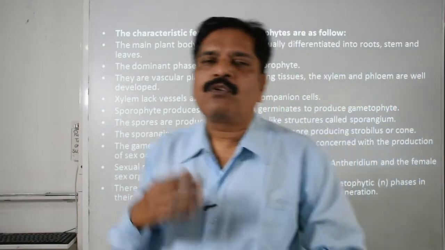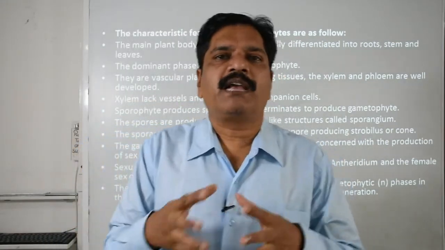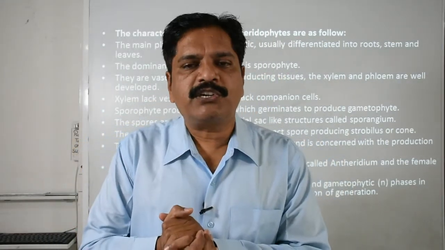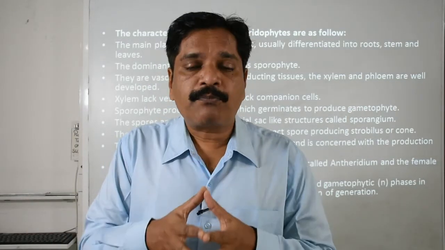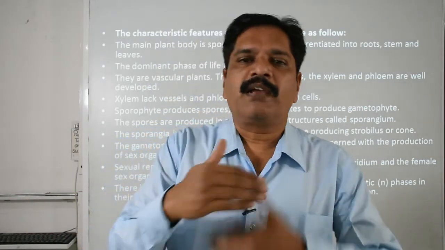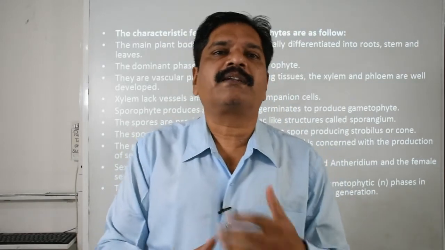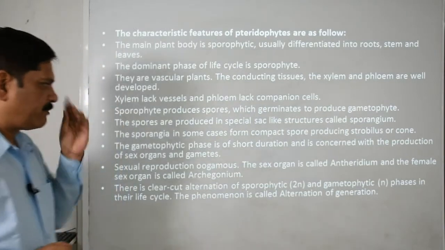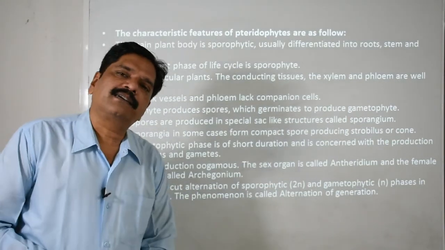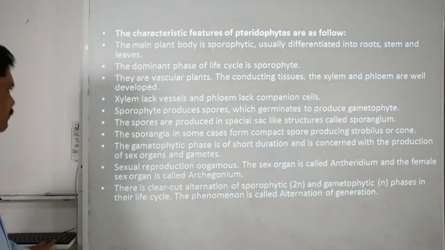As you know, for the normal life they have the sporophytic diploid generation, and for gamete formation they have the haploid gametophytic generation, and alternately they replace each other, and this way they continue their life cycle. So remember, a clear-cut alternation of generation is observed.